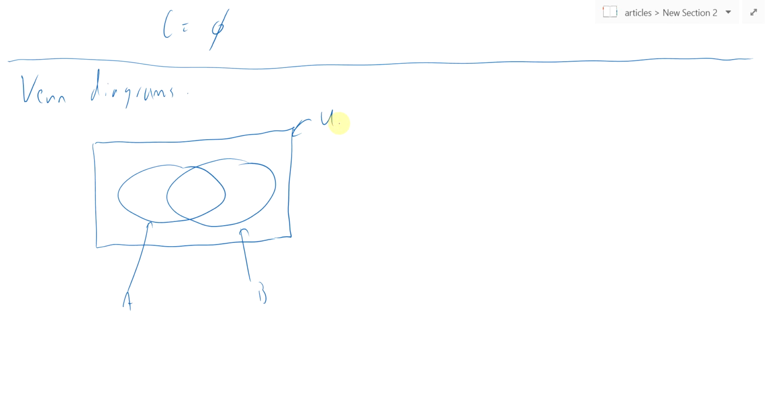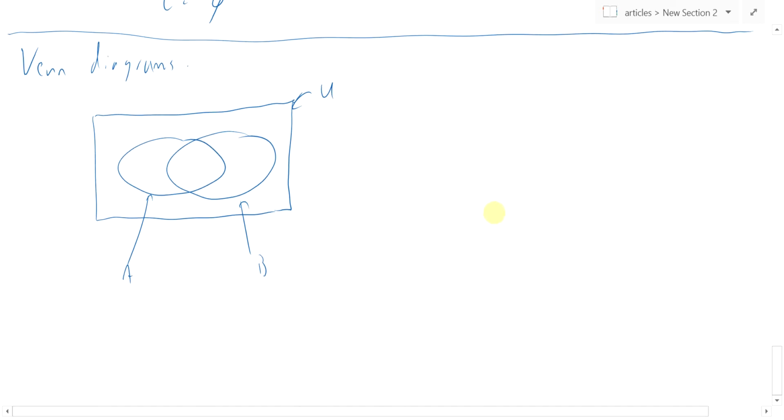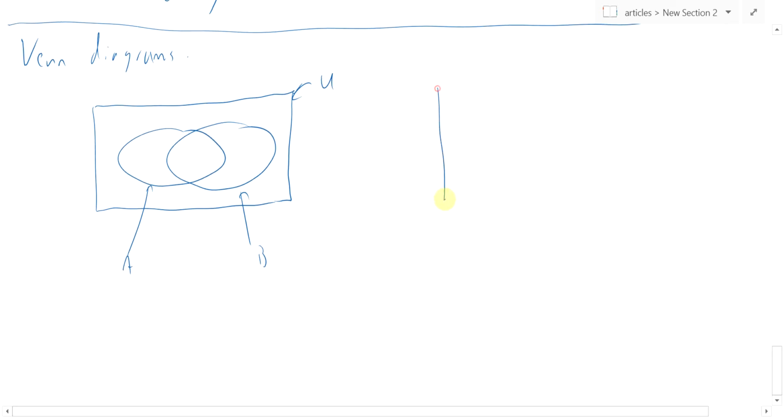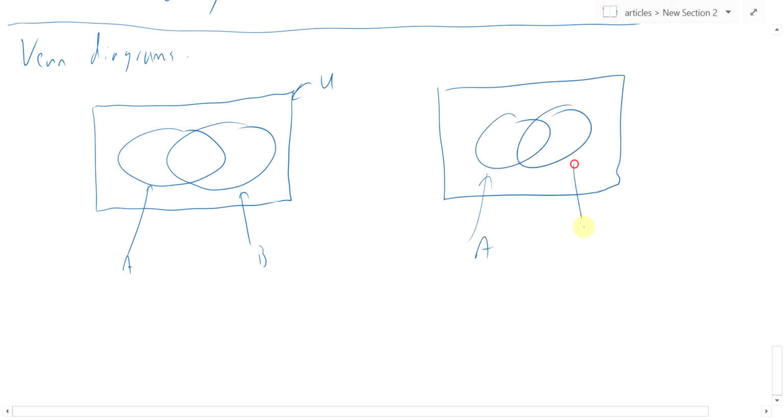And so we can start asking ourselves, well, what do these various combinations of things that we were just talking about look like in a Venn diagram? So we'll just redraw that and we'll say, okay, here's my Venn diagram. There's A, there's B, the box is U. What is A intersection B?